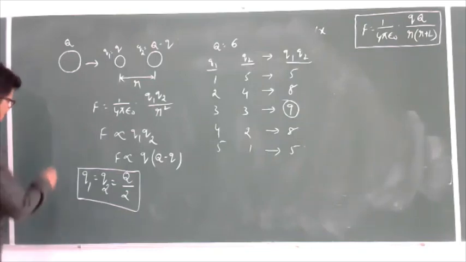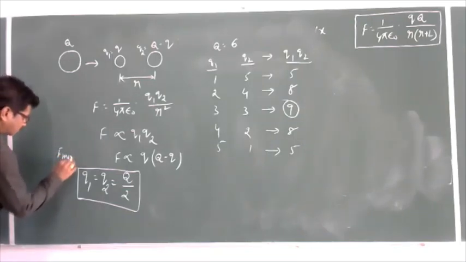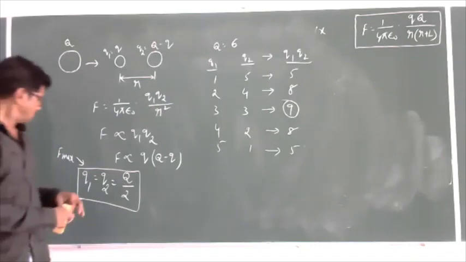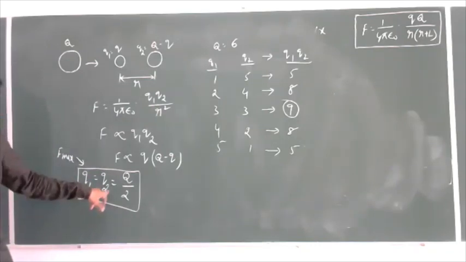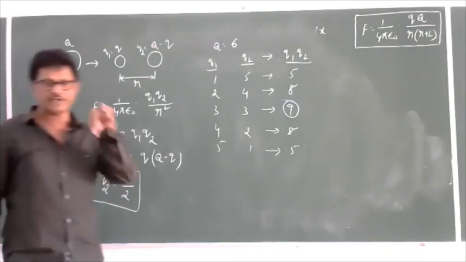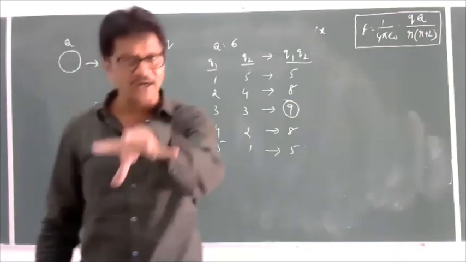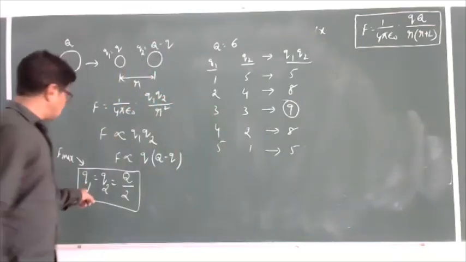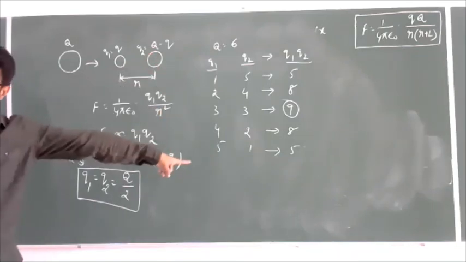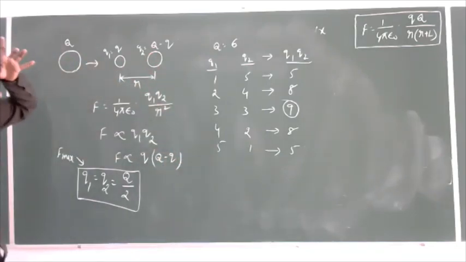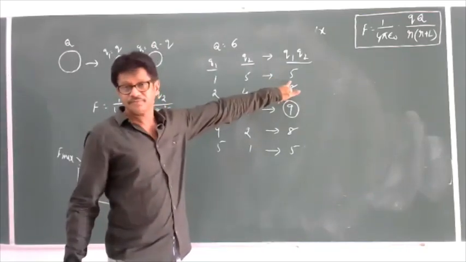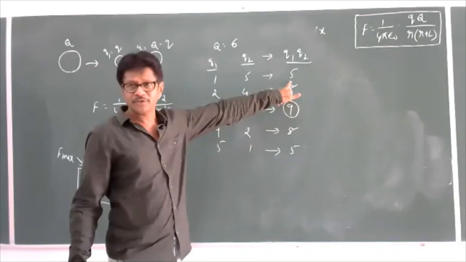To experience the maximum force, Q1 is equal to Q2, which is equal to Q by 2. If the given charge is divided into two equal parts, then only it will experience the maximum force based on this general procedure. The minimum force: here we will get a minimum force.